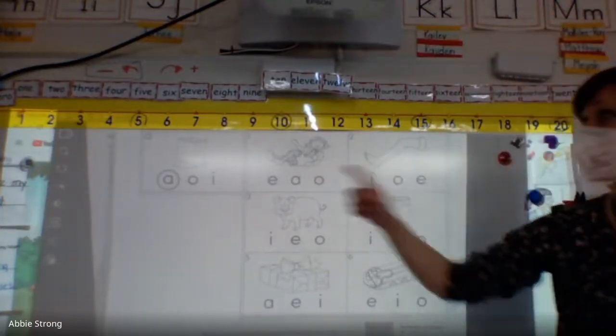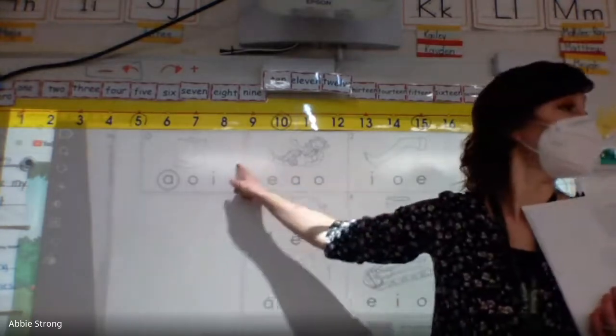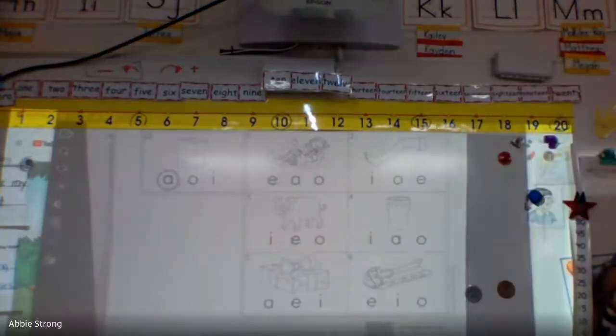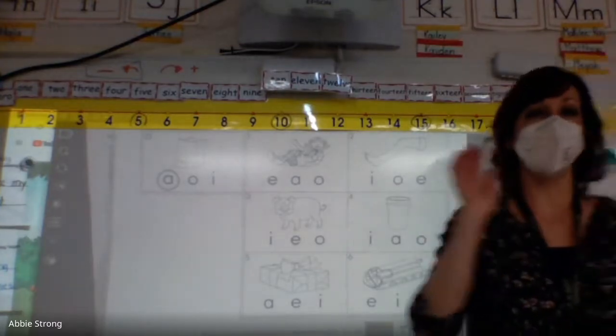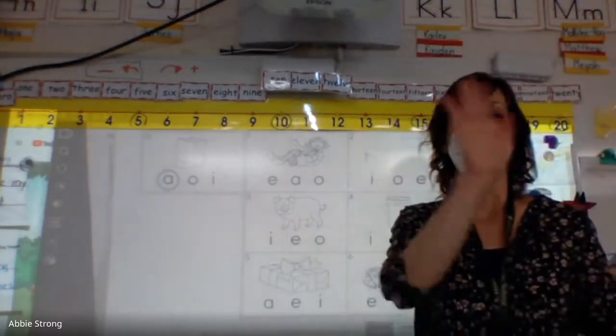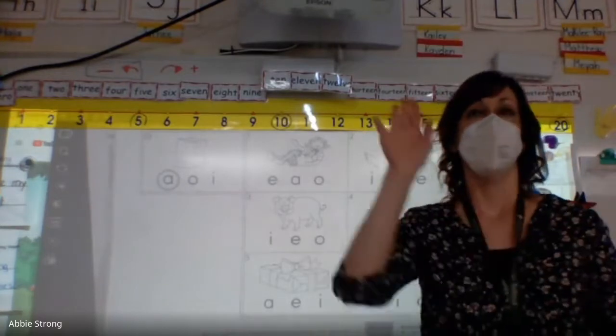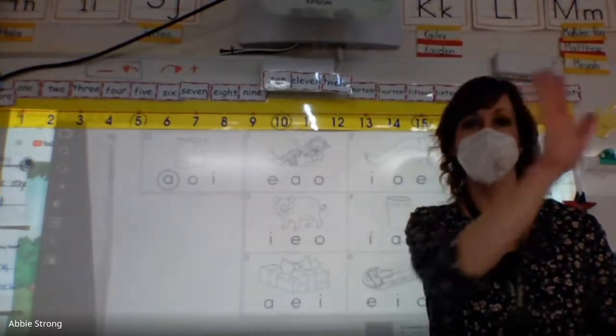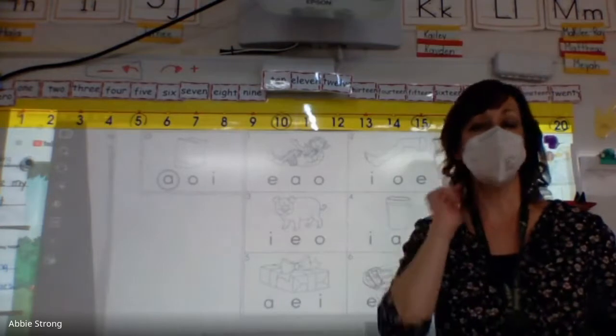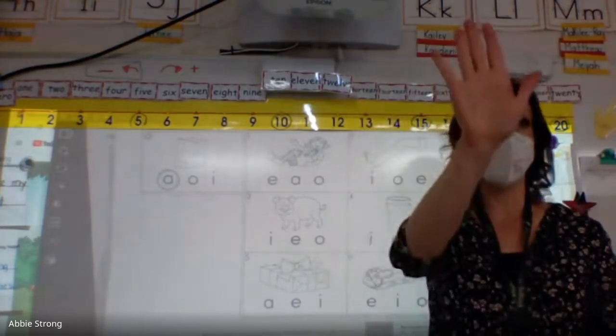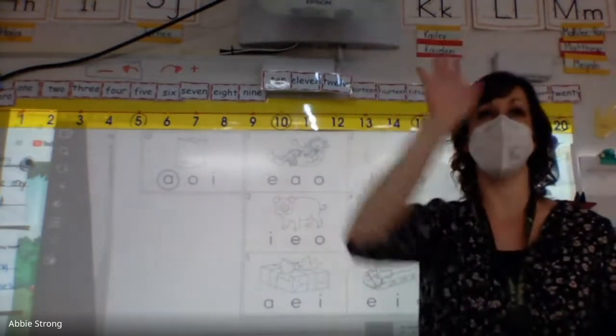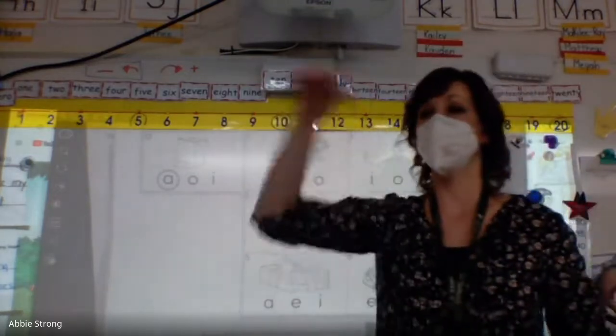Alea, what is this, honey? What is it? You said it. Bag. Everybody say bag. Bag. Listen to the sounds. Ready? B, a, g. B, a, g. What letter do you hear in the middle? B, a, g. What letter makes that a sound? Journey.